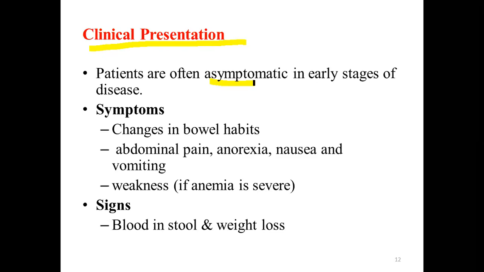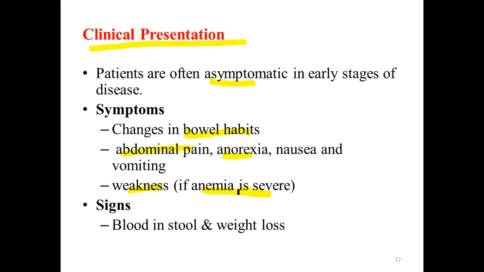Then mostly changes in the bowel habit, abdominal pain, anorexia, nausea and vomiting, and weakness if anemia is severe. Remember, as a result of the tumor, there is a possibility of bleeding. Because of that, most of our patients develop anemia. That is why in the future, maybe I will ask Venetia's group to give us information on whether the hematological profile for that patient is really normal.